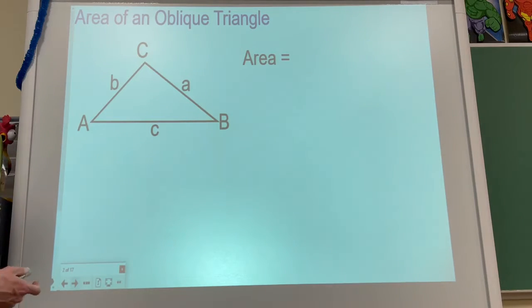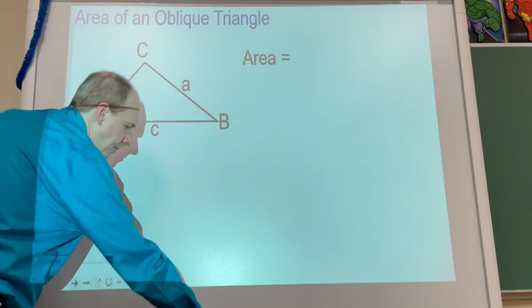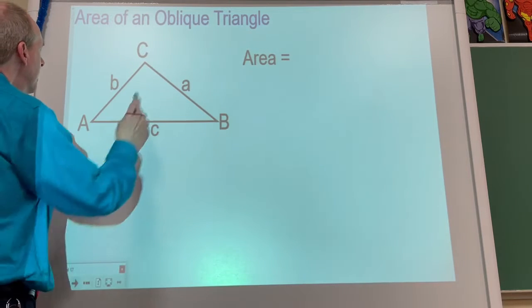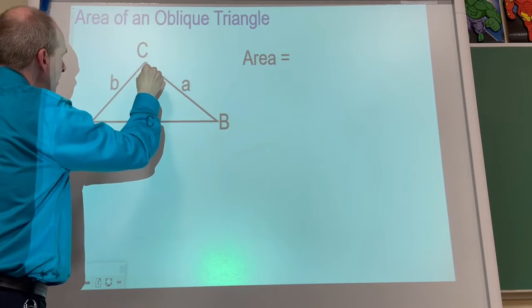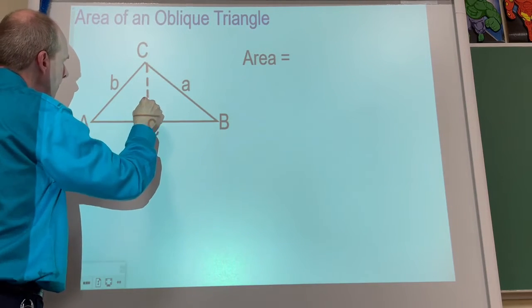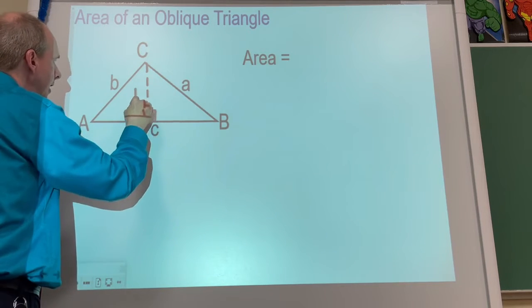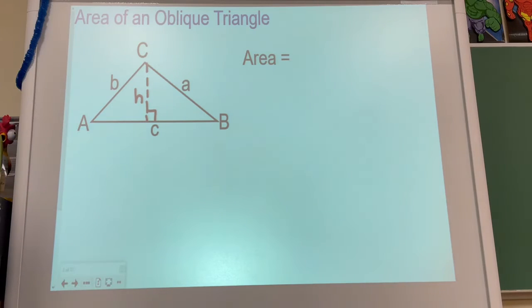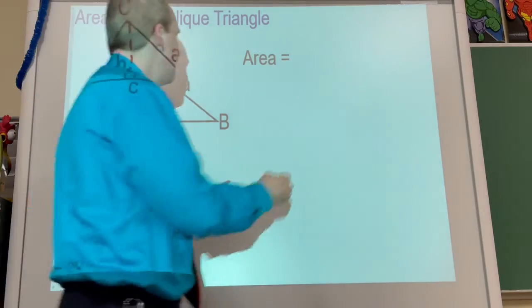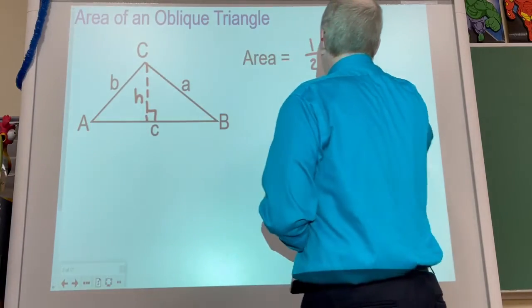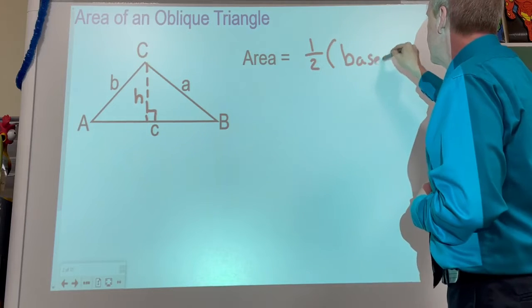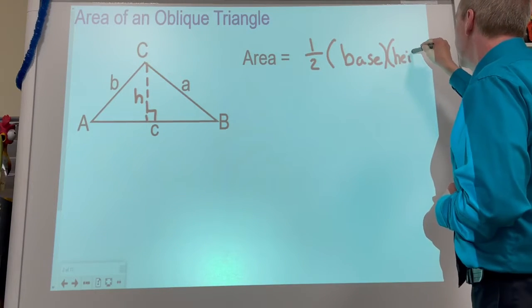Well, what we could do is start at vertex C and drop a perpendicular straight down. That would create our right angle, and that would be the height of our triangle. And then we know the area of a triangle is just 1/2 times the base times the height.